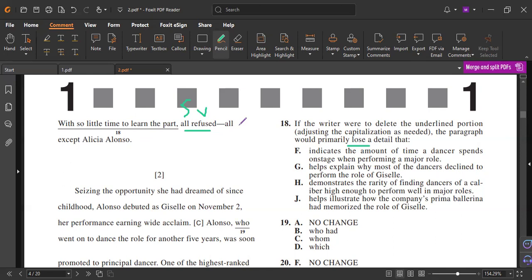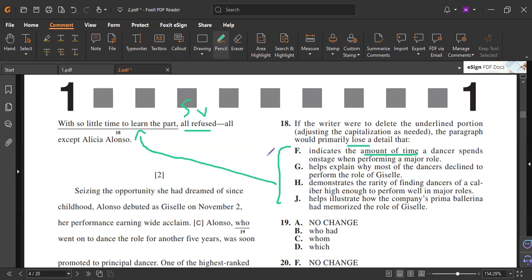Okay. But the problem here is, which information or explanation is related to the sentence? Does it indicate the amount of time? Do we have time? A dancer is on stage. He said "so little time." Do we have any specific amount of time? No, it's little time. He didn't mention how many minutes or how many hours.